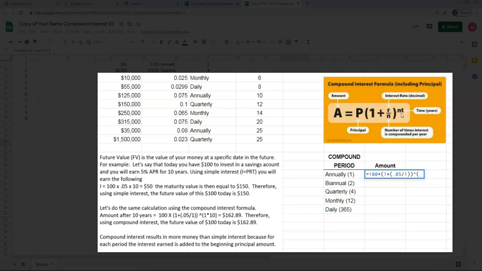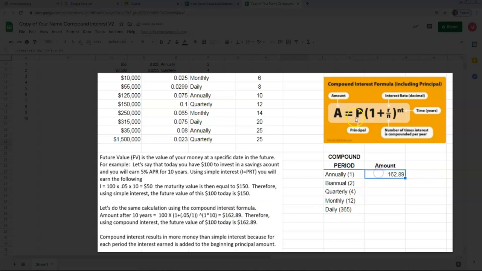And so that is going to be, once again, n is, in this case, 1, number of times compounded per year. Time is 10 years. So times 10. And enclose that. So our calculation should come out to $162.89.